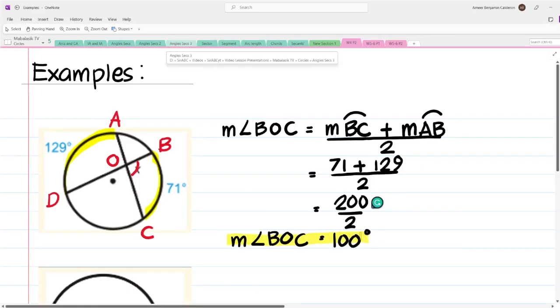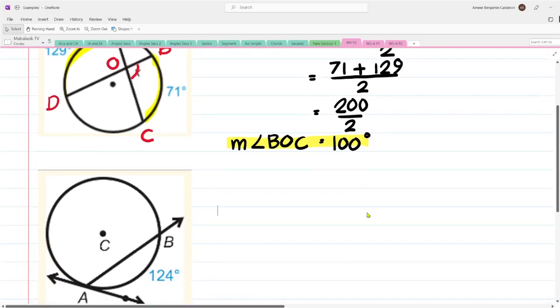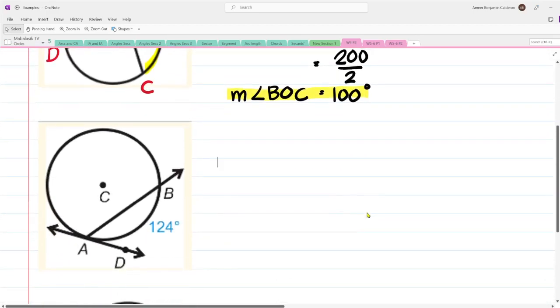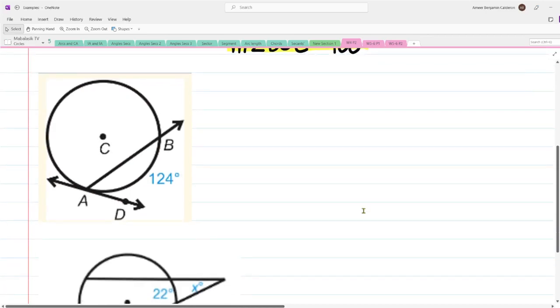Again, it doesn't really matter that much if the segments are secants or chords. What matters is the point of intersection. Where does the point of intersection lie? Say for instance, in our second example, this is a secant and a tangent, but the point of intersection is right here.